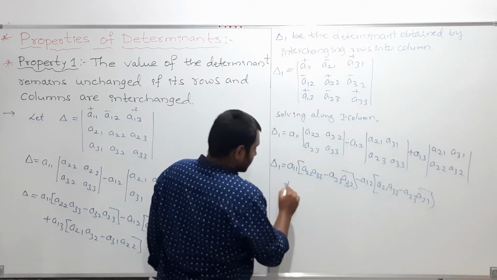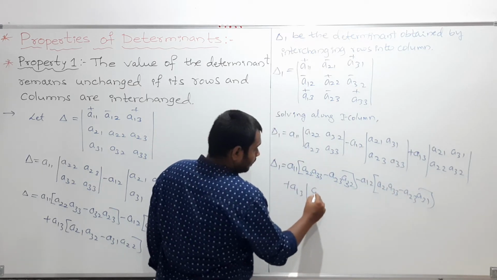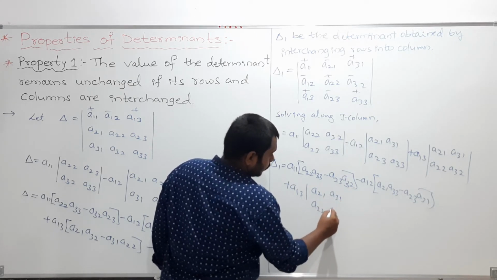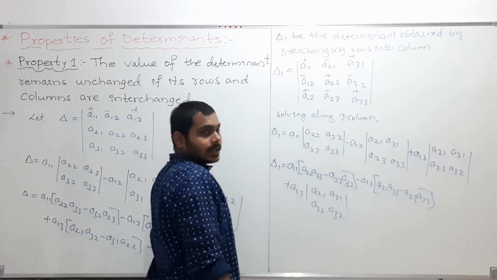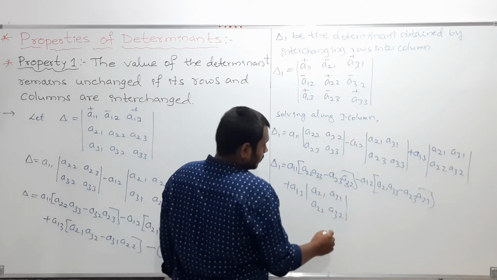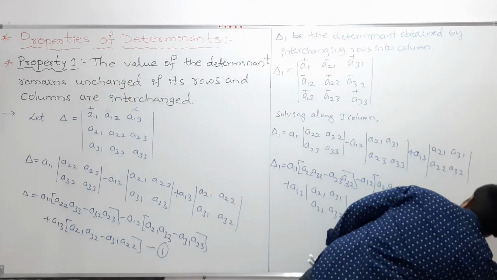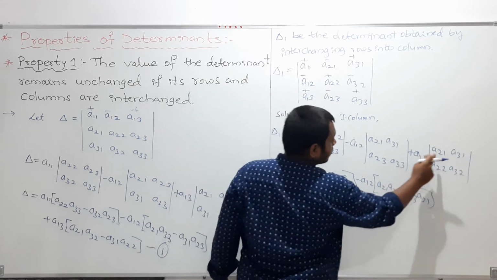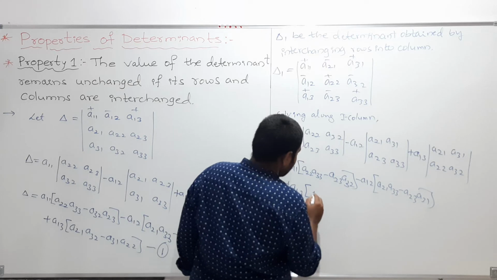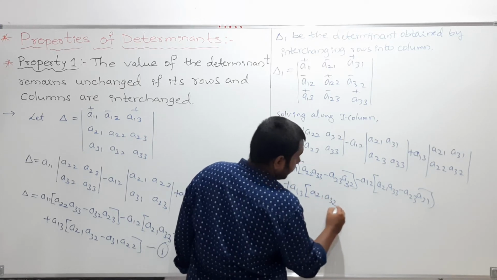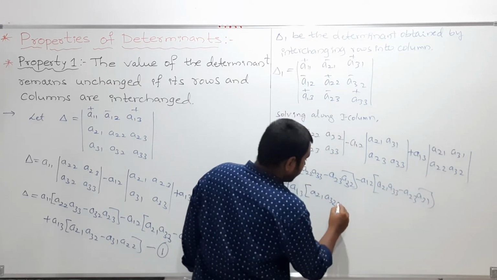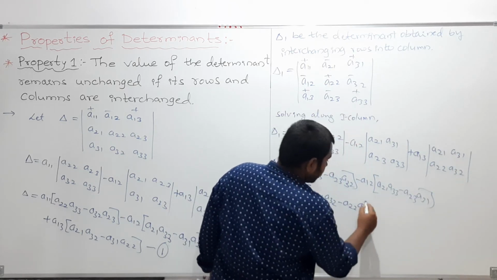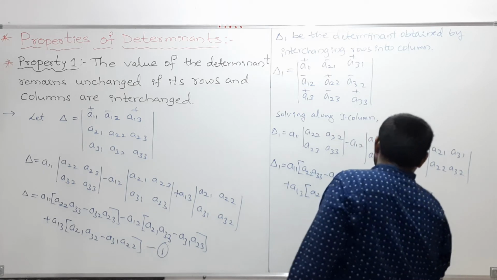Next, plus of A13, A21, A31, A22, A32. Clear? Here I will simplify. A13 into A21, A32 minus A22 into A31. So call this as 2.